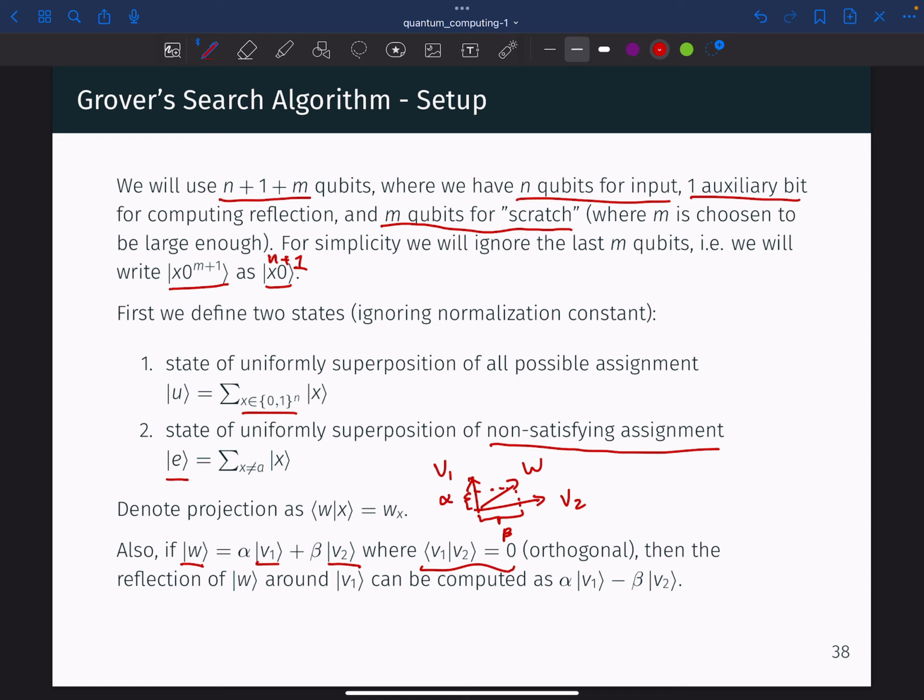Reflection around V1 can easily be done by just multiplying the amplitude of beta by minus. Pictorially, this is effectively doing this: going from W to this W prime, where you multiply the amplitude of V2 by minus.